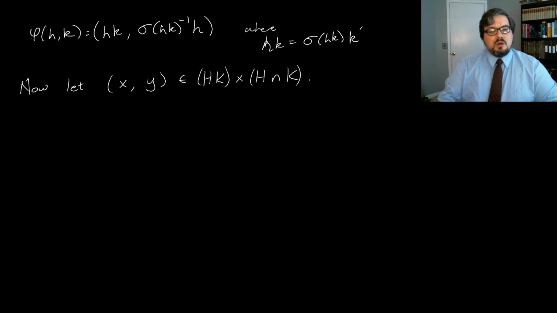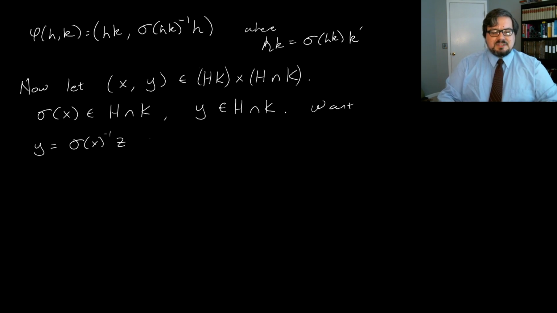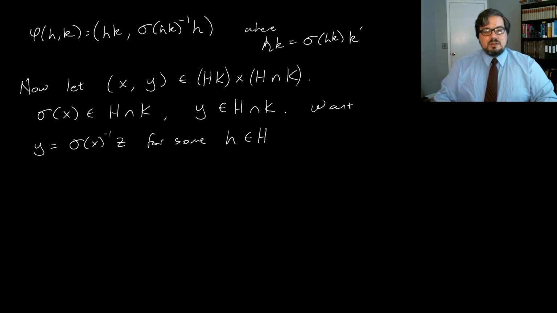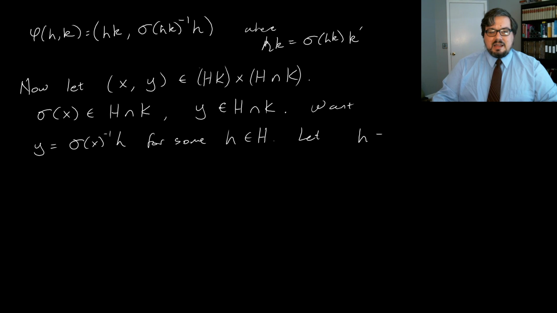Because we've got (x, y) here, we know that sigma of x belongs to H intersect K, and y belongs to H intersect K. So we want to express y as sigma of x inverse times h for some h in H. So we want to let h equal sigma of x times y.